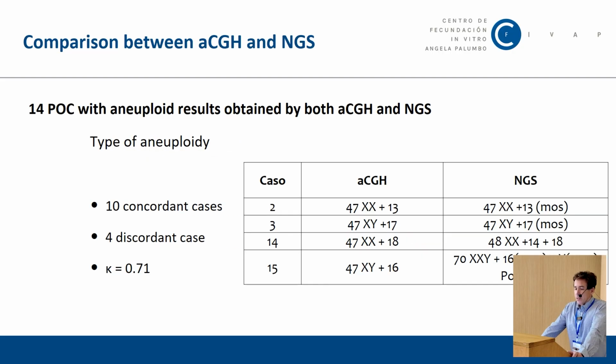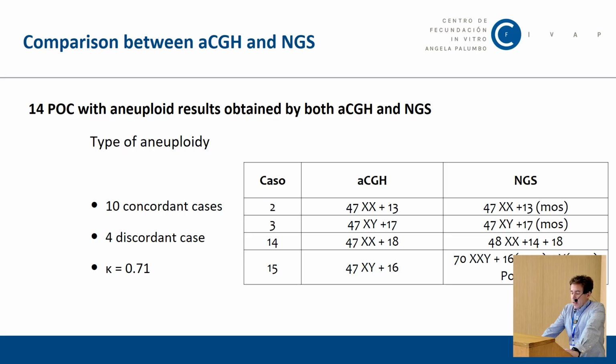In the other 14, when we compare the type of aneuploidy diagnosis between ACGH and NGS, we observed that in these 4 cases, NGS identified mosaics and polyploid embryos that had been diagnosed as only trisomies in the ACGH, as we know, because it's better in mosaic diagnosis.